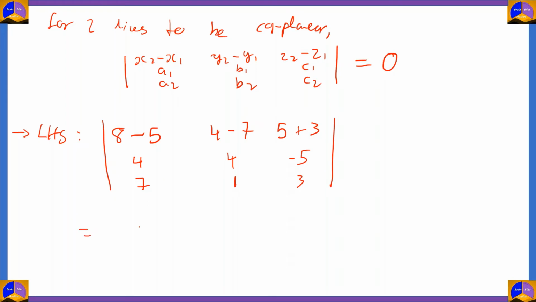So now let's solve the top row. So we'll get 3, 4, 7, minus 3, 4, 1, 8, minus 5, 3.